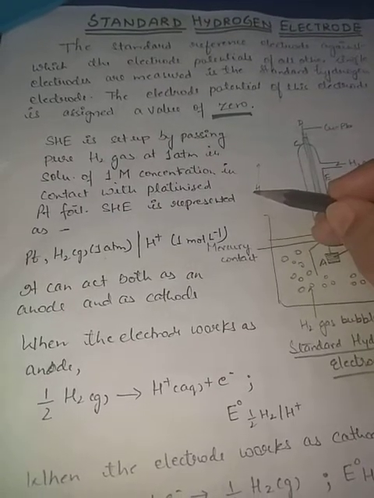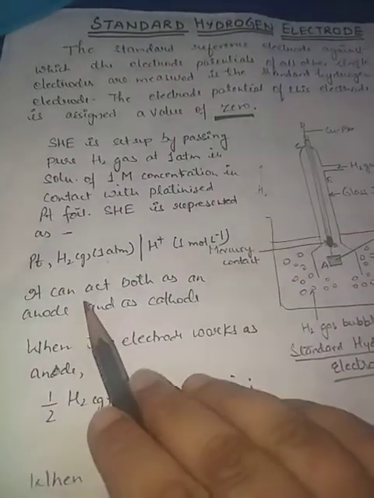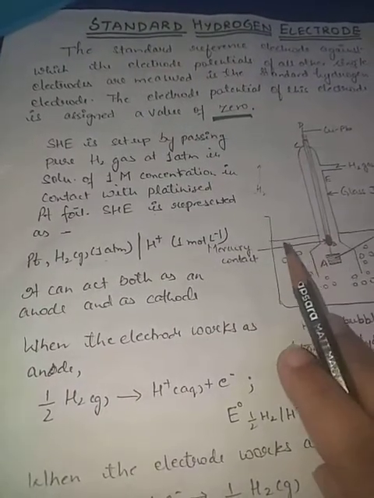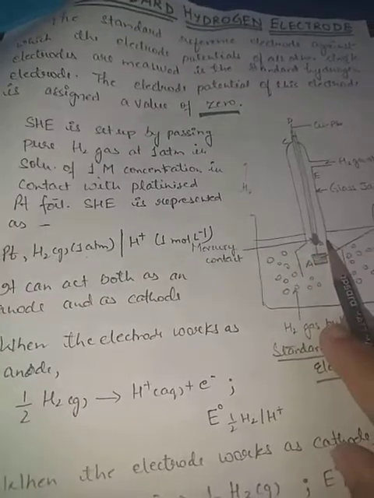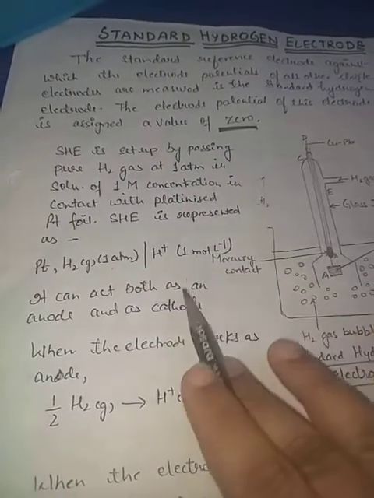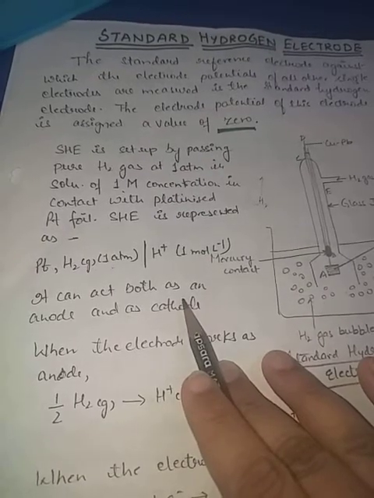We'll study this in the electrochemical series also. So here we'll see how this can act as both cathode and anode if any other metal is dipped in its own solution.